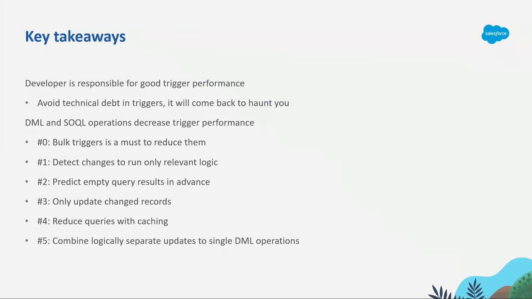And in the long run, trigger is not the place to take technical debt on, but instead try to keep the performance in mind right from the start. And as discussed, DML and SOQL operations are the most crucial ones for performance. So try to introduce these concepts into your triggers to reduce the bad impact they have on the performance.